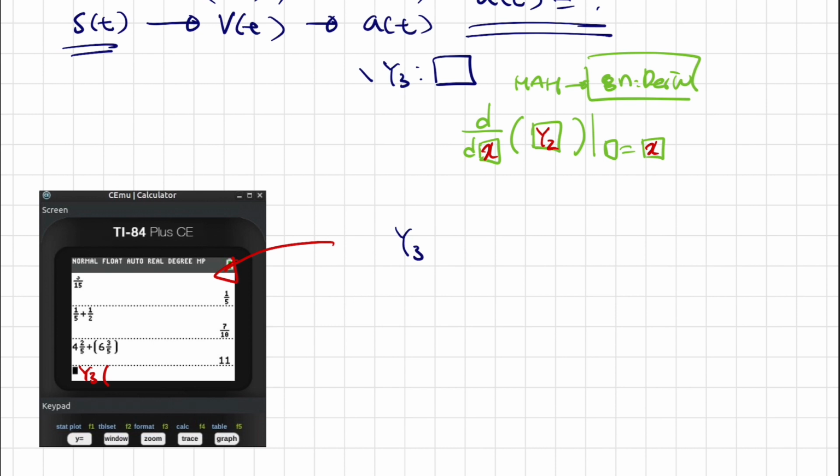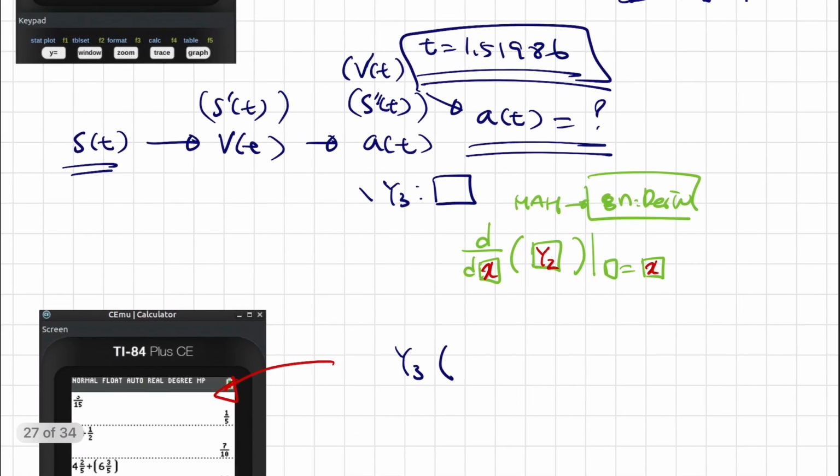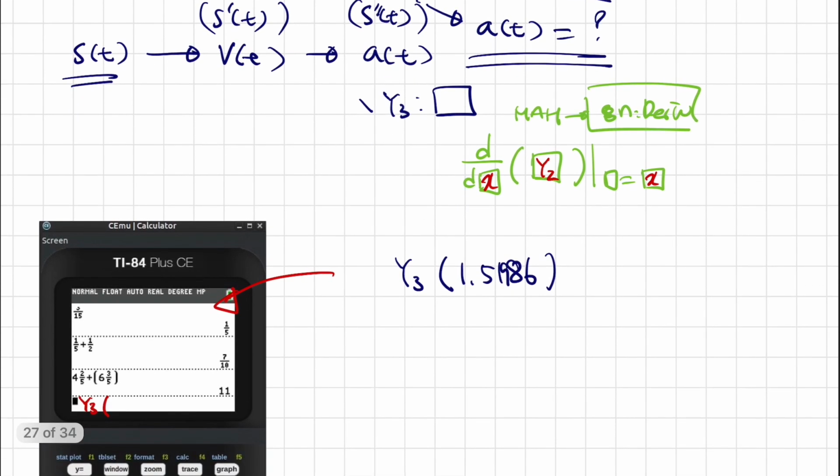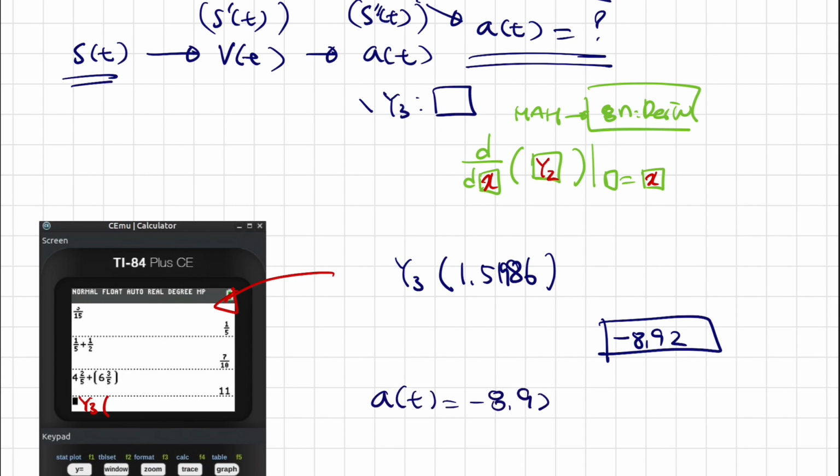So y3 bracket, and we already calculated the t value as 1.51986, so we just substitute this value here. Then you will get your acceleration value when t is equal to 1.51986 as negative 8.92. So your acceleration value is negative 8.92 centimeters per second squared.